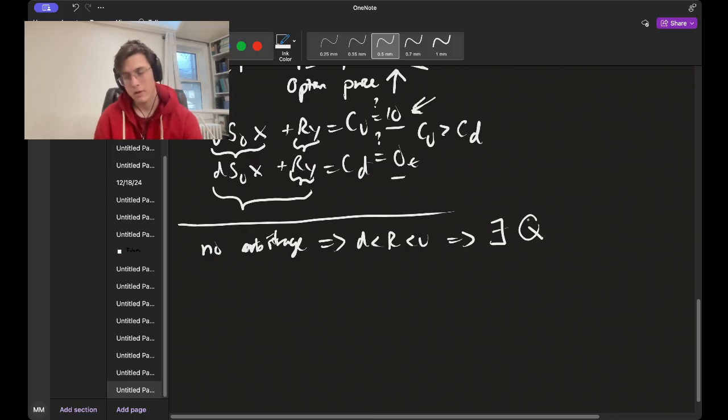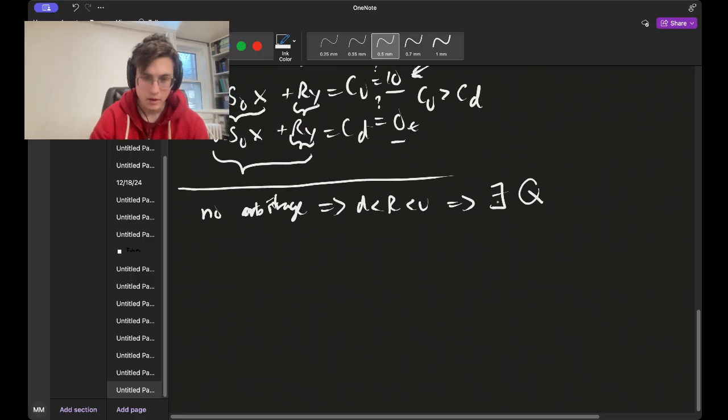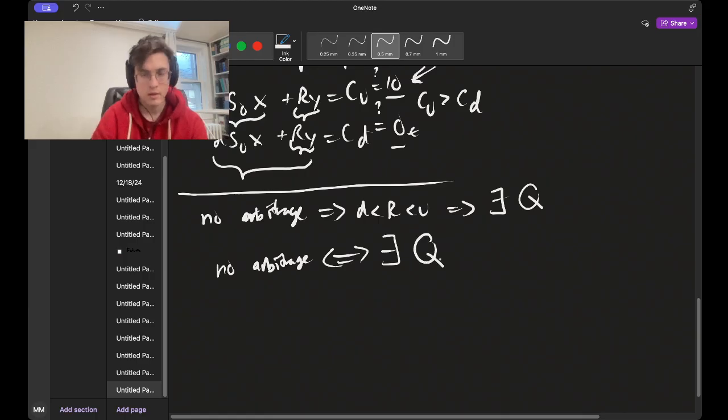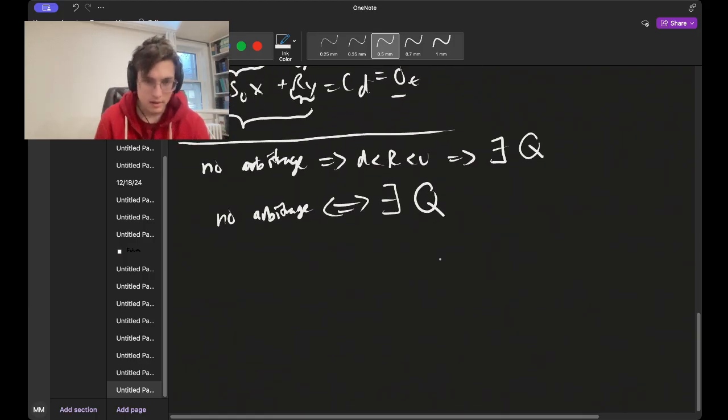We showed that there was a way to come up with risk neutral probabilities that recreate the option payout. It actually turns out that these two statements, no arbitrage and the existence of risk neutral probabilities, are equivalent, and this is called the first fundamental theorem of asset pricing.